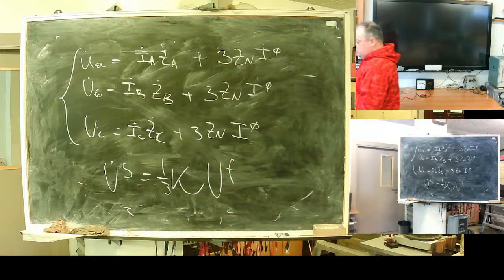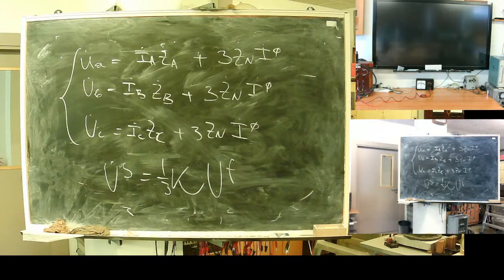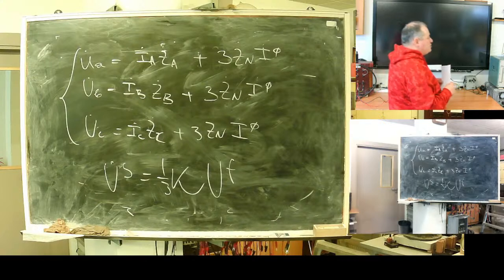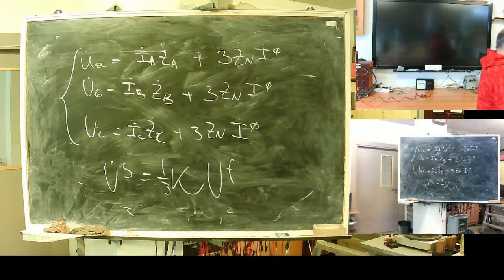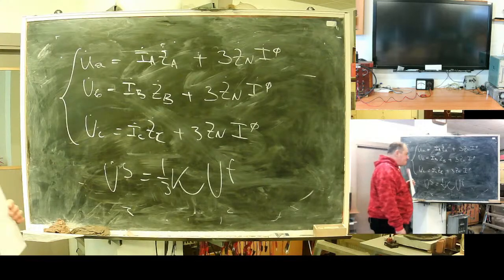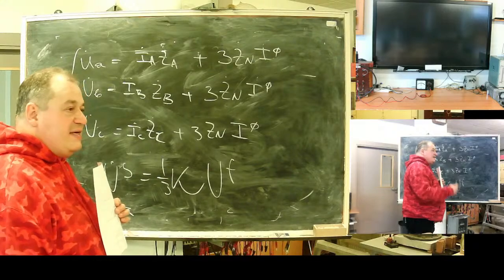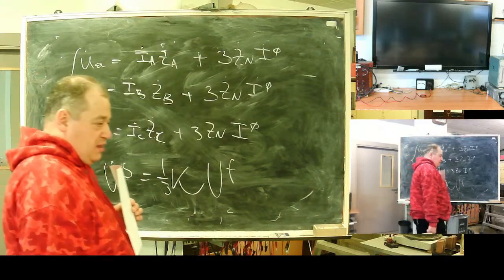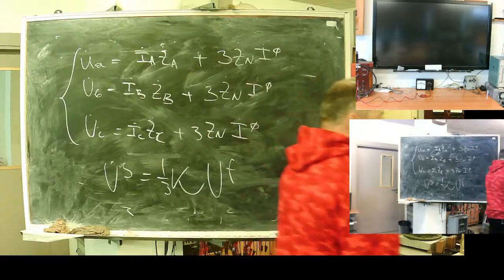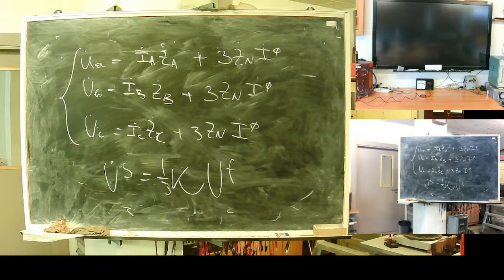I need to choose a calculus phase. My model in sequence coordinates, which phase does it correspond to? As I wrote it, it corresponds to A phase. I will perform the calculus on phase A.